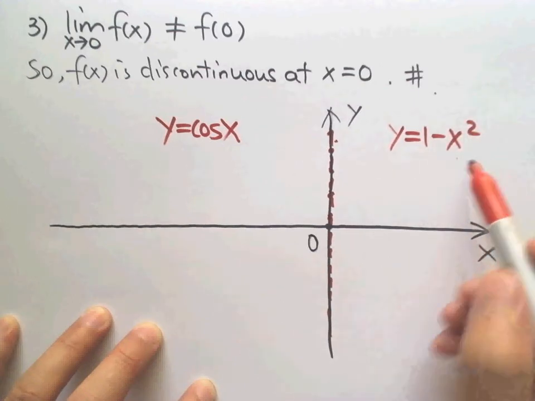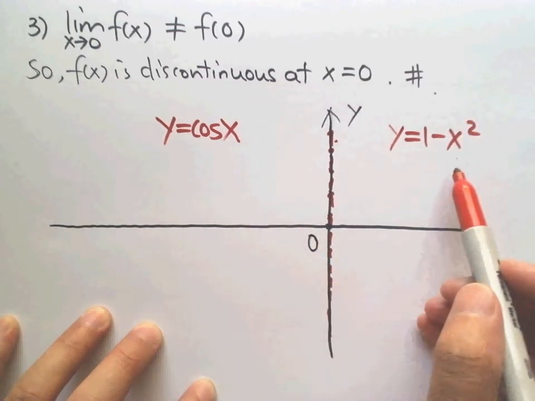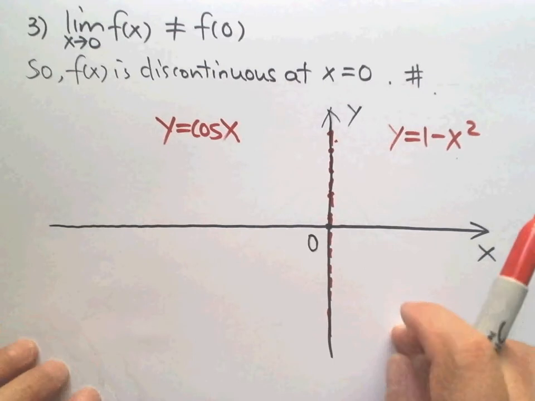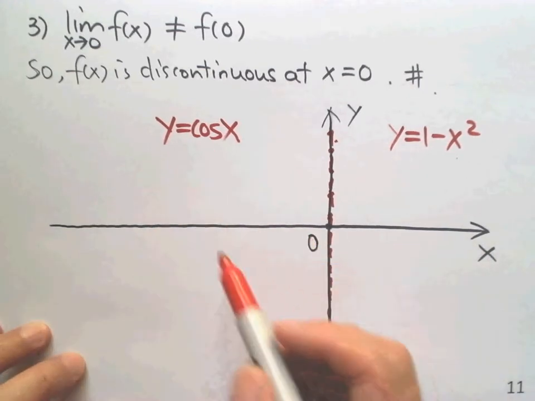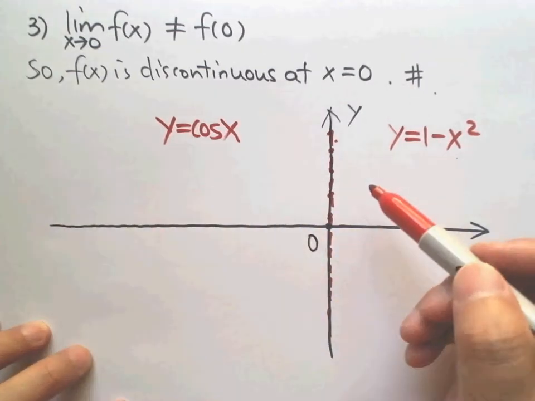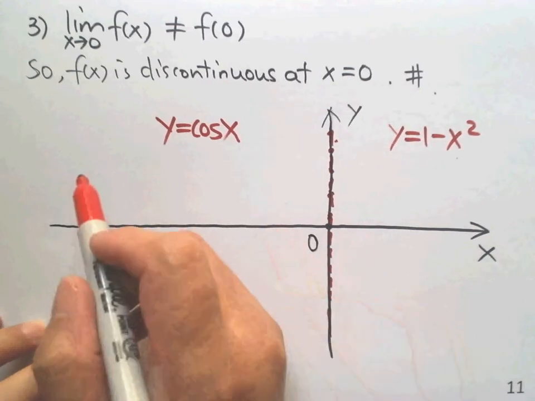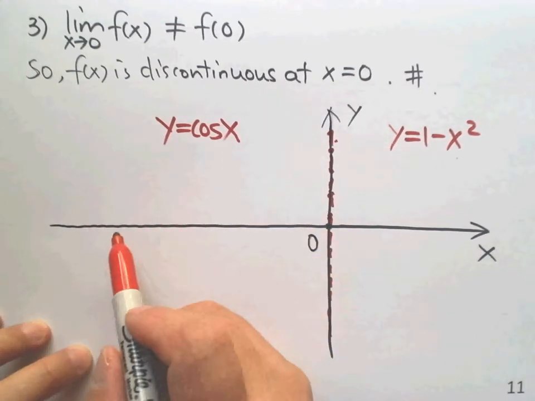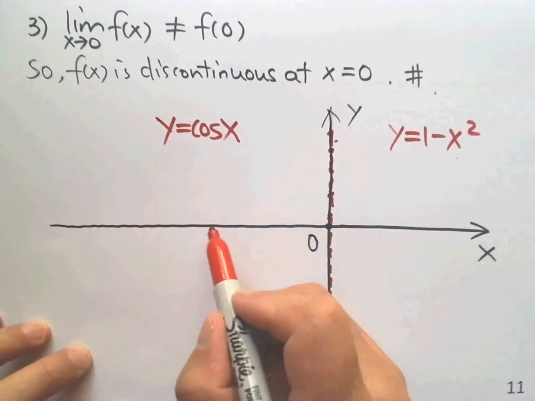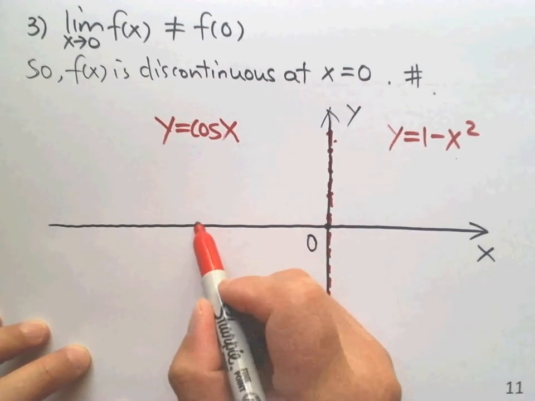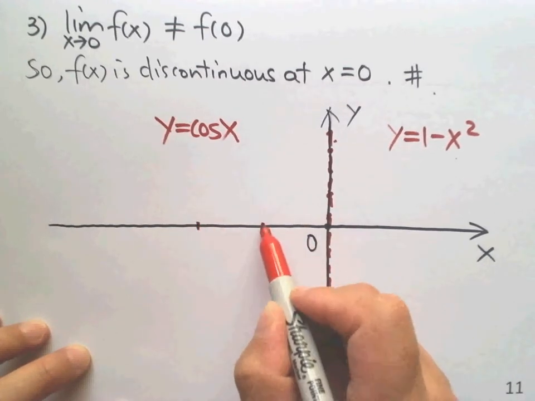The right is y equals 1 minus x squared. So I draw this piece and then that piece. How do you draw cosine? I only draw one period. Let me draw here 1, 2, 3, and 4.